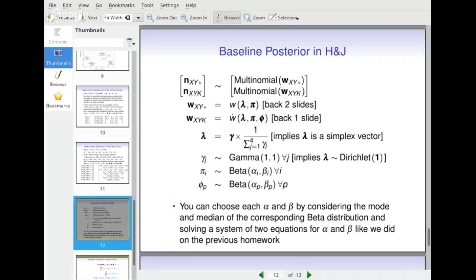And so, if those have beta priors, you need to choose the alphas and the betas for those. But we learned a little bit how to do that.